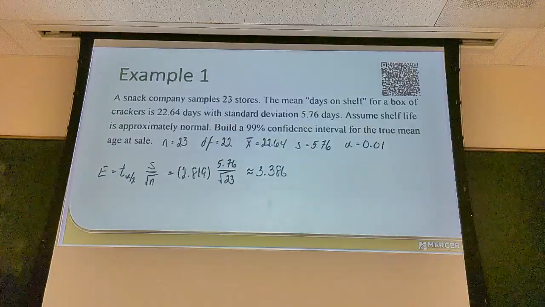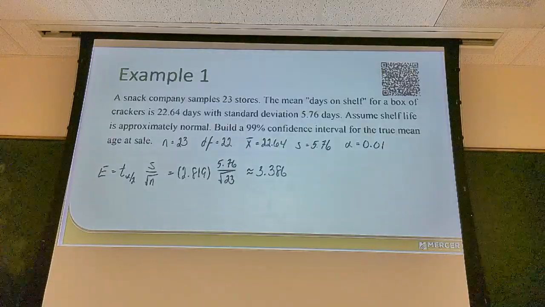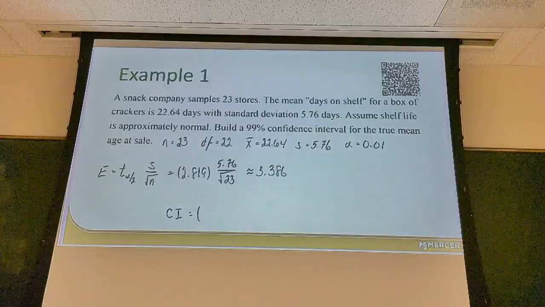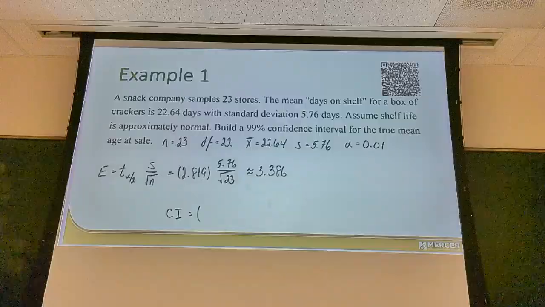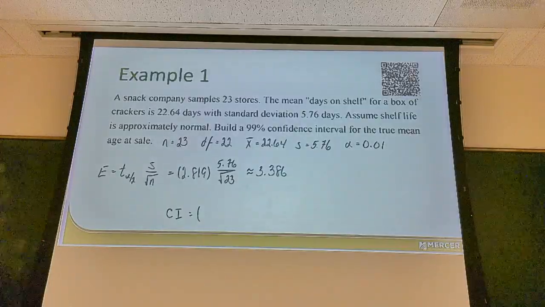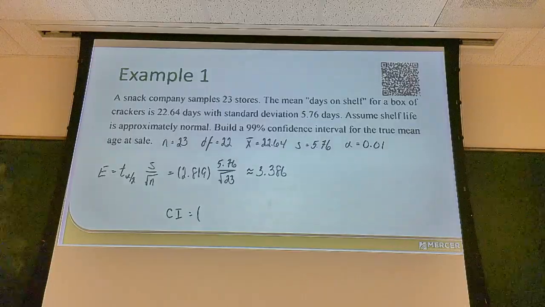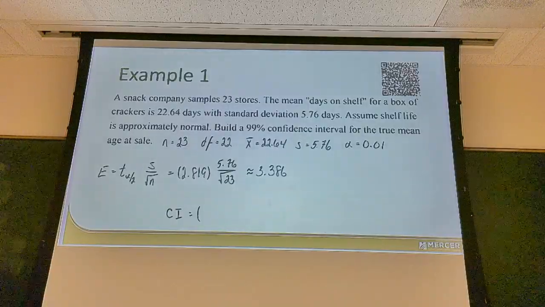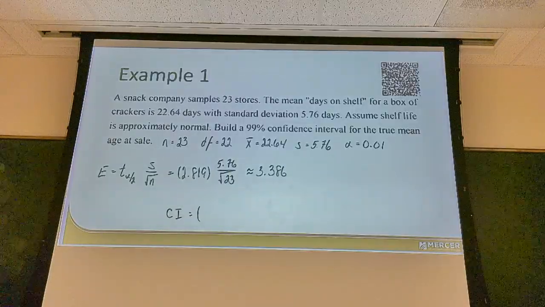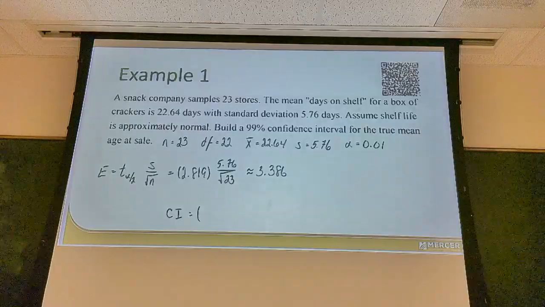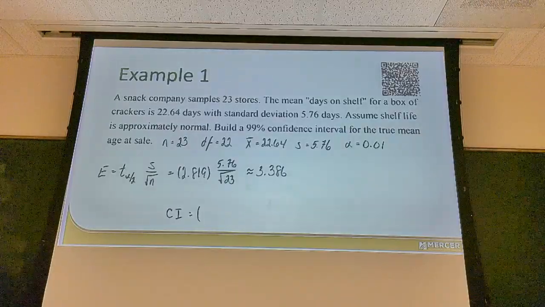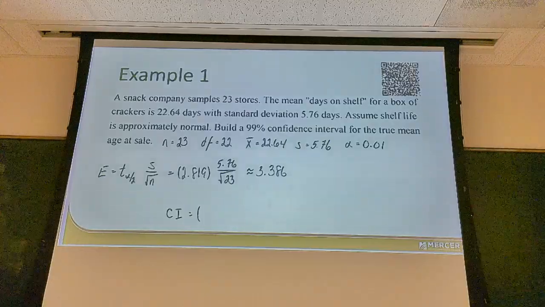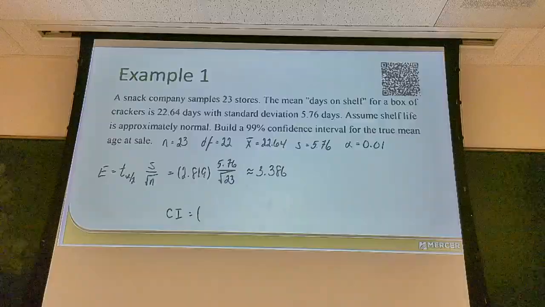That's our margin of error. Then the confidence interval, x bar minus that to x bar plus. $19.254 to $26.026.